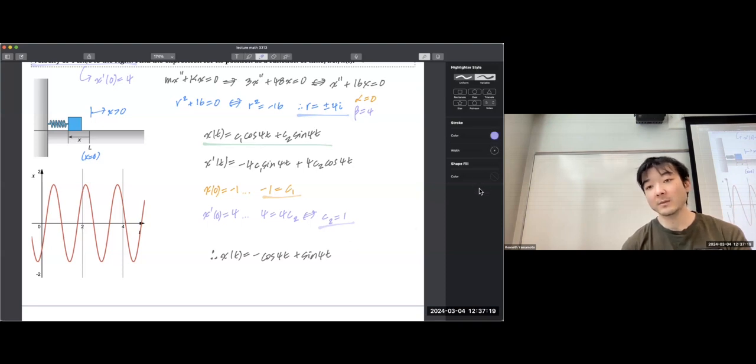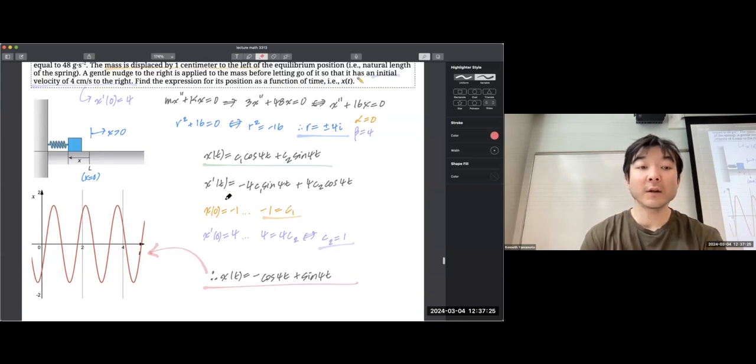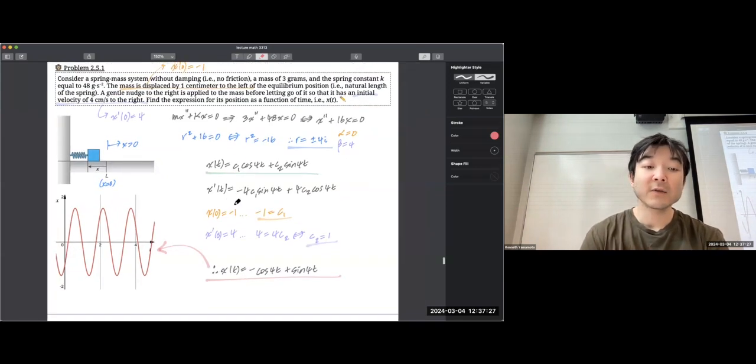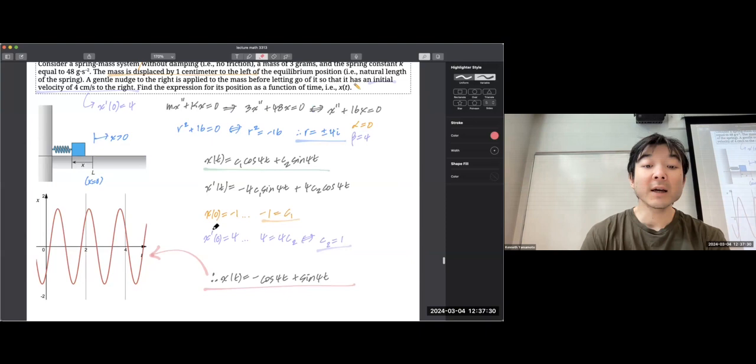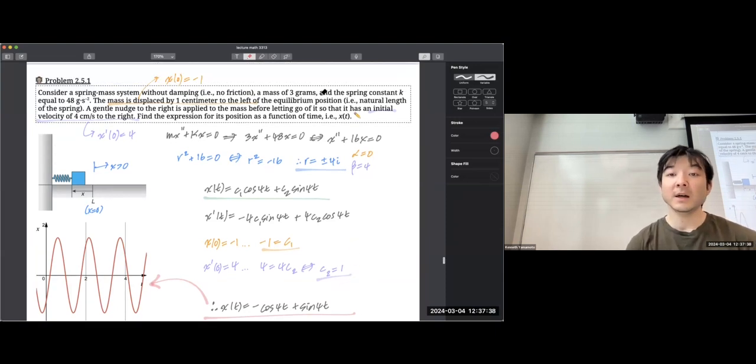And that's exactly what's being graphed here. This is describing the motion of the mass as a function of time. I'll just say this is the position in centimeters because all the units you see in this problem are centimeters.